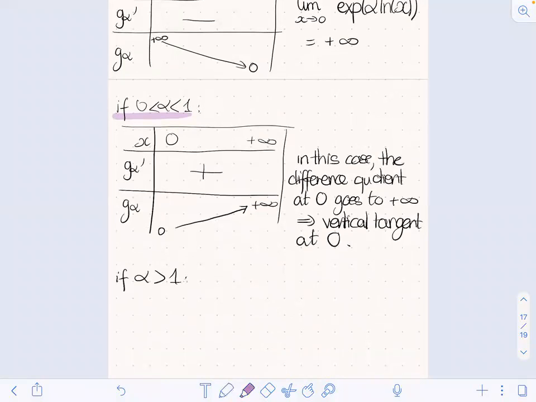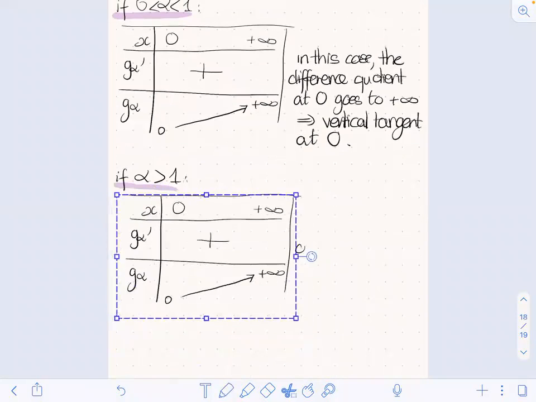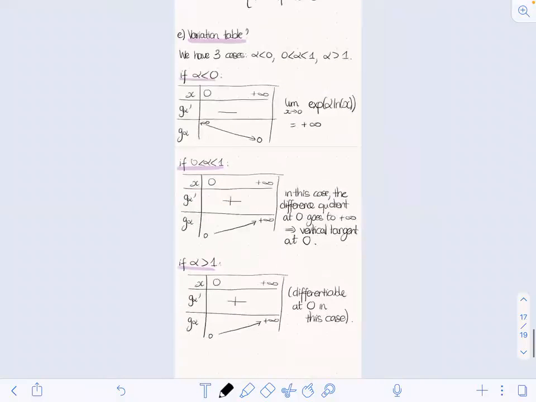And if alpha is greater than 1, we'll have the same variations, but there will be a well-defined derivative at 0. So in this case, the function is differentiable at 0.